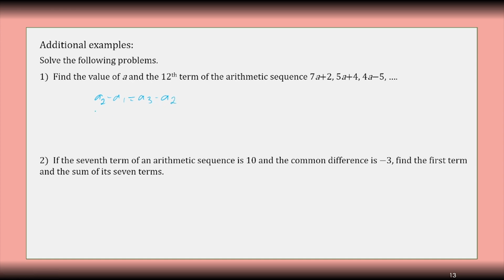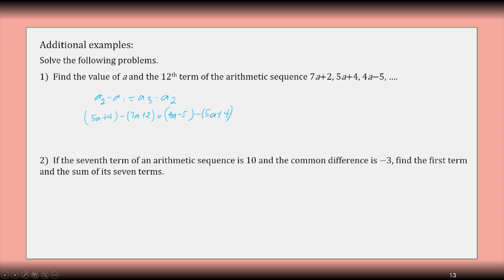Ang value nating a sub 2 is 5a plus 4 minus ang a sub 1 natin is 7a plus 2. Then, yung ating a sub 3 is 4a minus 5 minus a sub 2 natin is 5a plus 4.